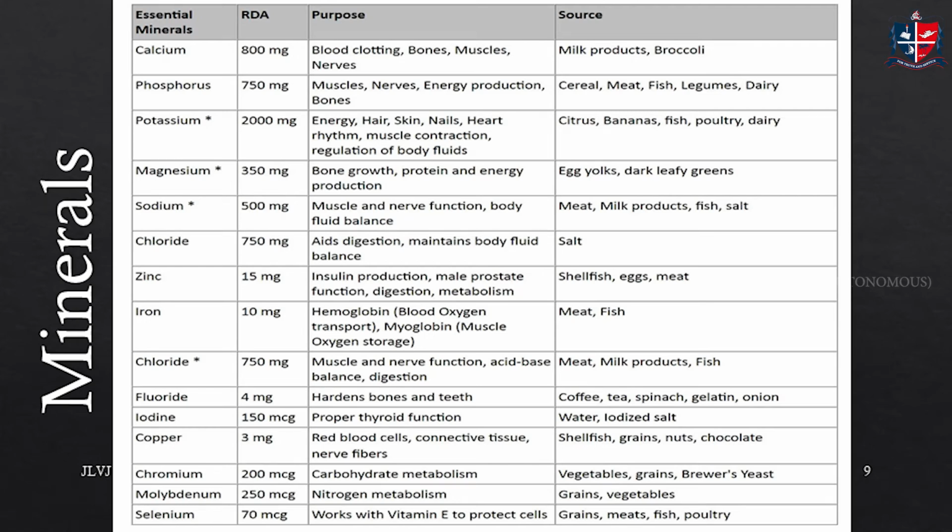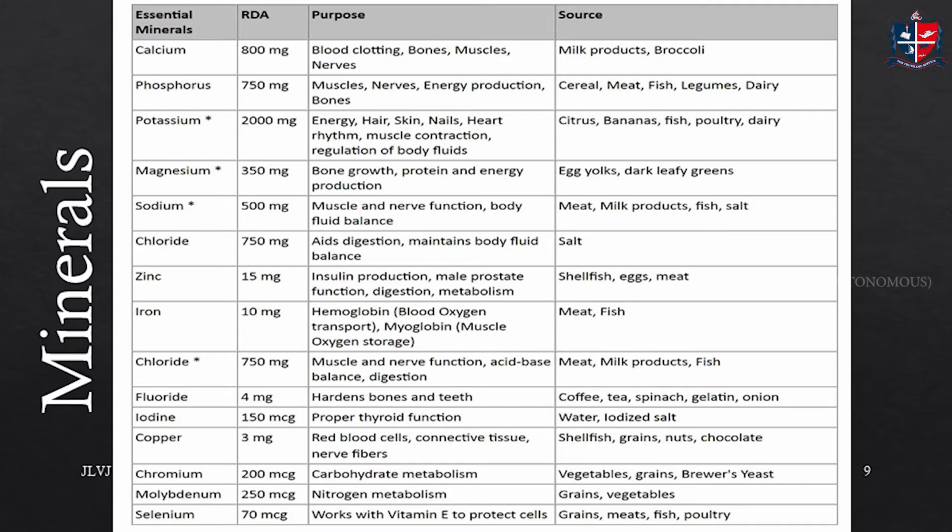Next comes the minerals. Minerals, though required in very small quantity, and whatever the requirements are, they are listed in the second column. So they have multiple functions in our body. Like you must have heard, the sodium potassium pump is constantly acting for nerve impulse conduction. Then comes the iron, which is a major part of hemoglobin. Then zinc is providing the immunity.